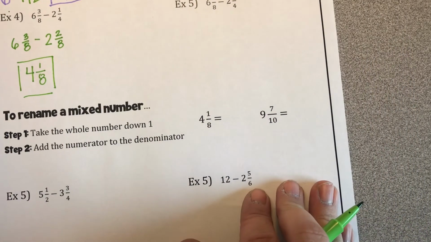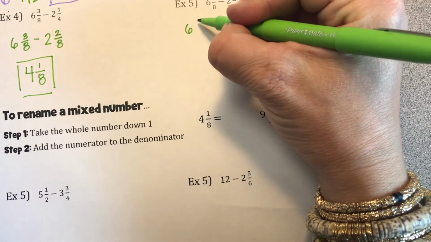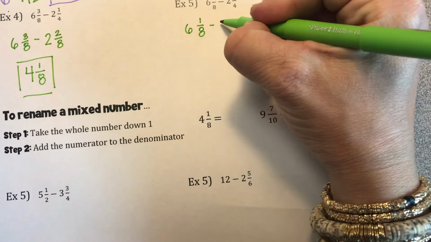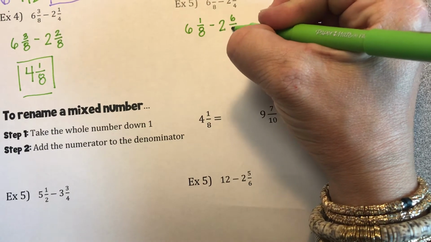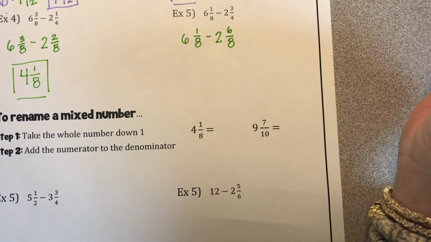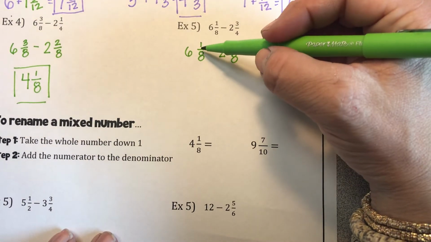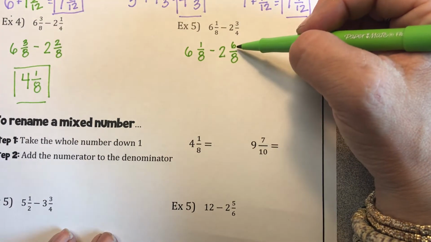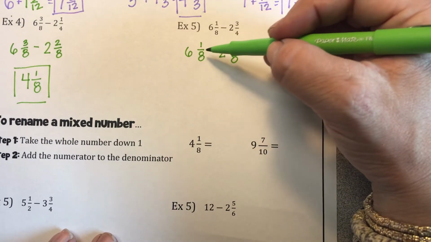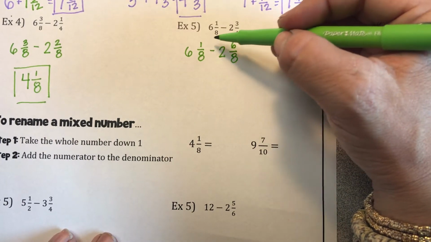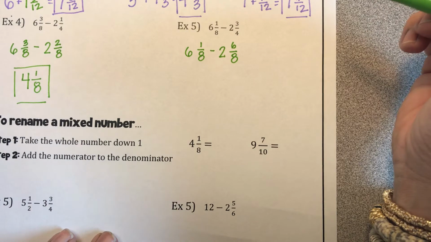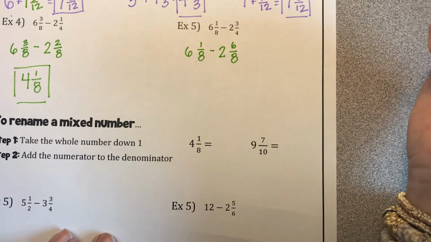Okay, on number 5, I have 6 and 1/8 minus 2 and 6/8. Okay, well, this is a problem because I can't do 1 minus 6/8. I mean, I can, but I can't have a positive here, like 4 and then negative 5/8. So what I'm going to do, okay, let's think of it like a pizza.